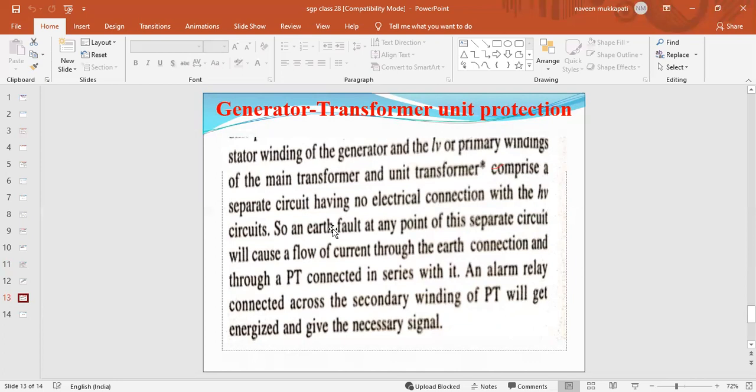So an earth fault at any point of this is not detected by the differential scheme; those earth faults are detected by the restricted earth fault protection. Why?